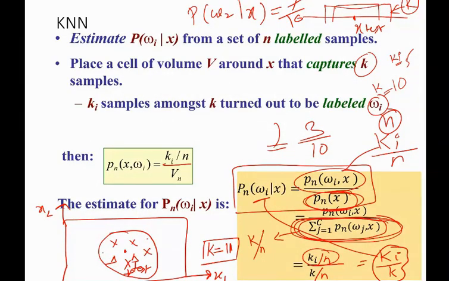Once those 11 are collected, we come out of this loop and check how many of the samples belong to cross and how many of the collected 11 samples belong to triangle or group 2. Whichever is maximum, you choose that particular label for x test. So that is the simplest way of implementation of KNN.